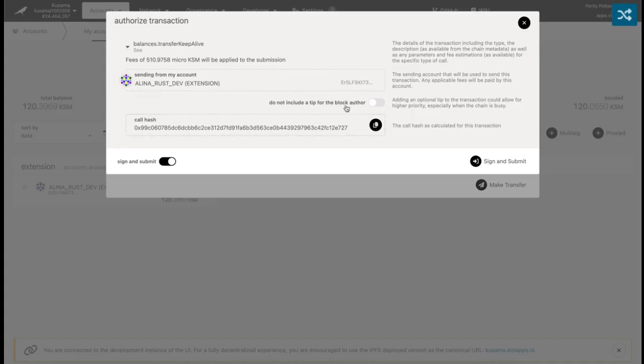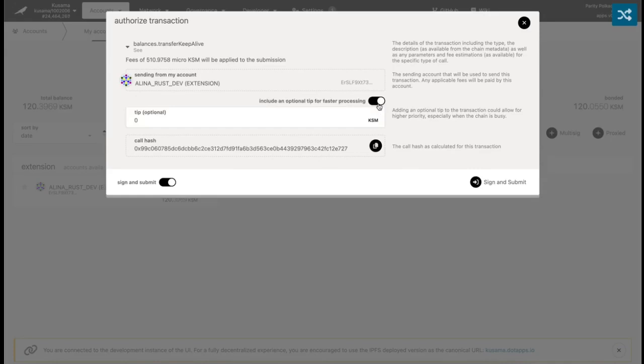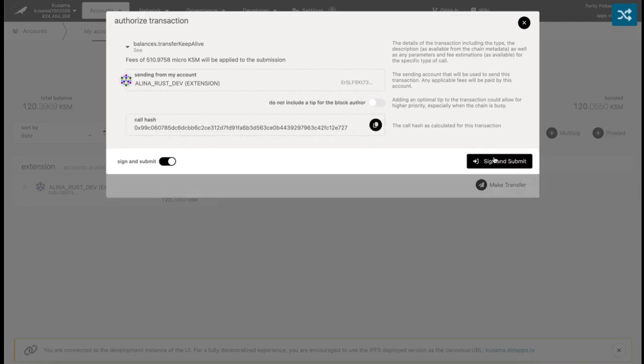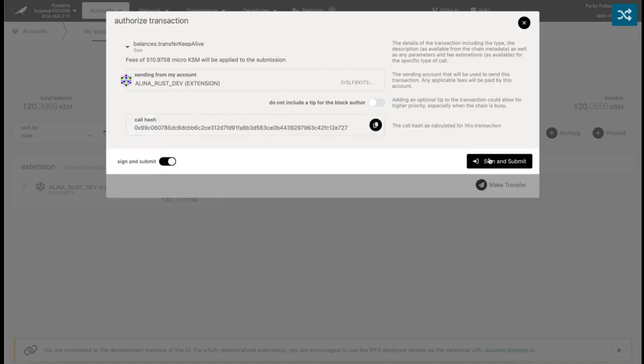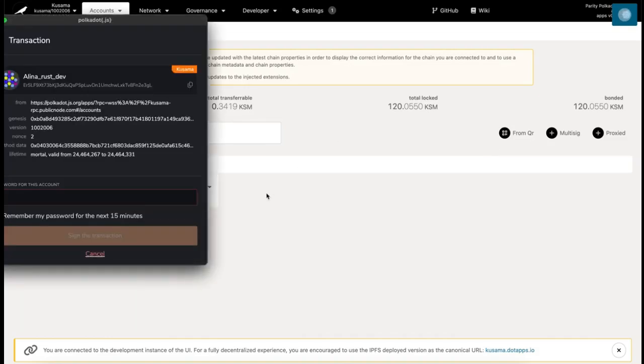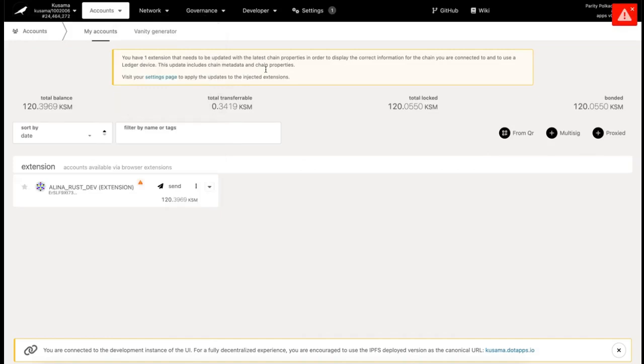So here we can include a tip to give more priority to our transaction. And to do the transaction unsigned, we turn this button off. And then just sign, put the password, and that's how the transaction is done.